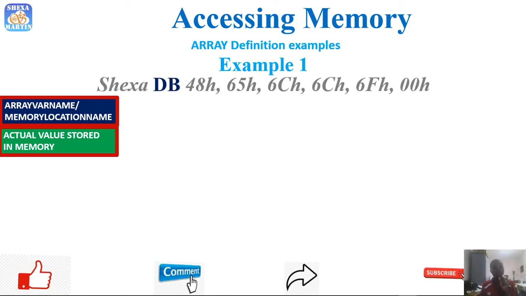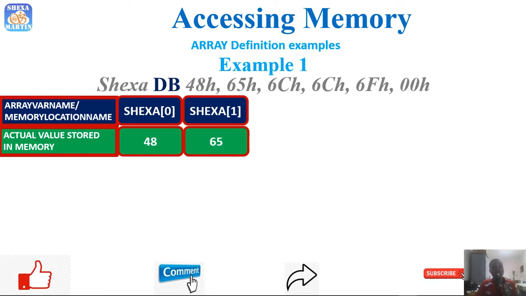And then we have Shexa index 1. Shexa index 0 has this value 48, as you can see. Shexa index 1 is another variable. Shexa index 0 resides at a certain byte in memory, and there exists a memory location value which corresponds to Shexa index 0.